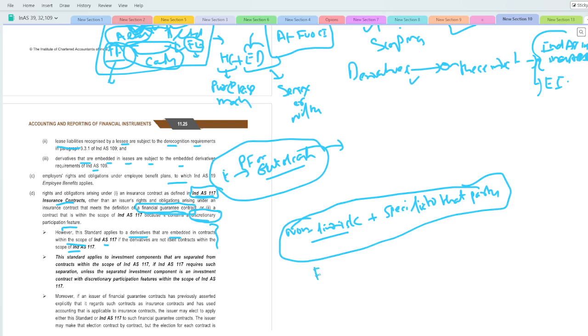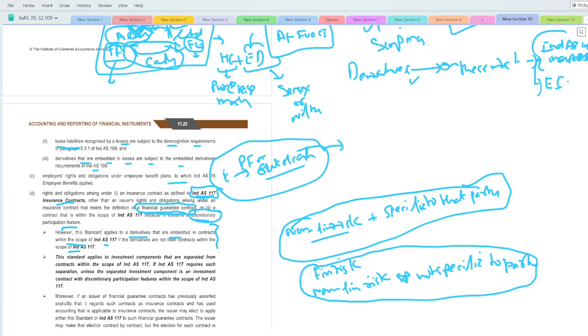Otherwise, for financial risk and non-financial risk which is not specific to the party, Ind AS 109 is applicable.